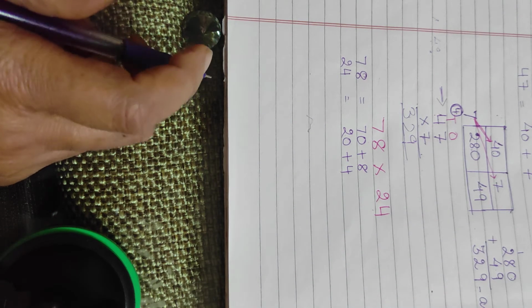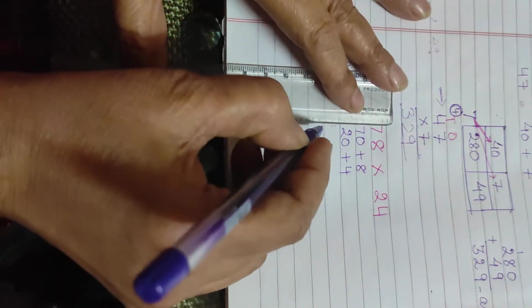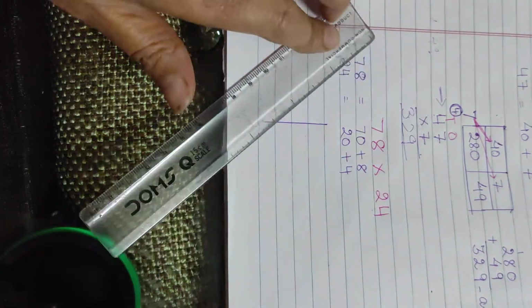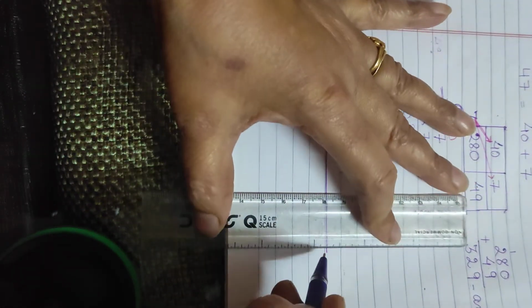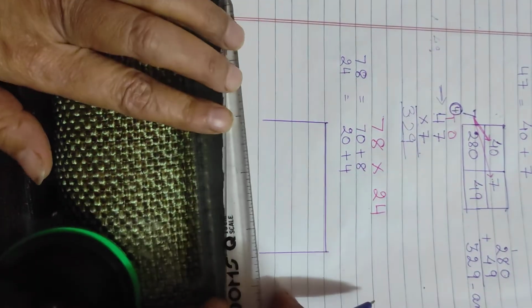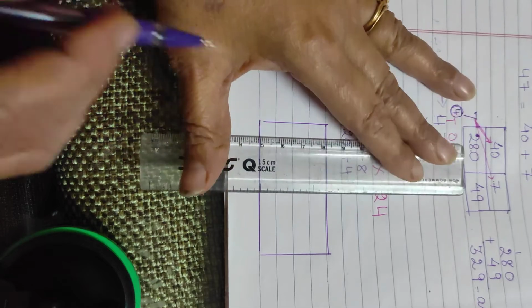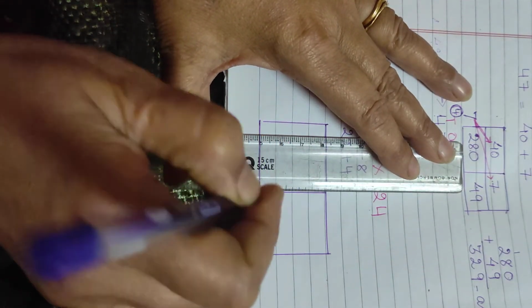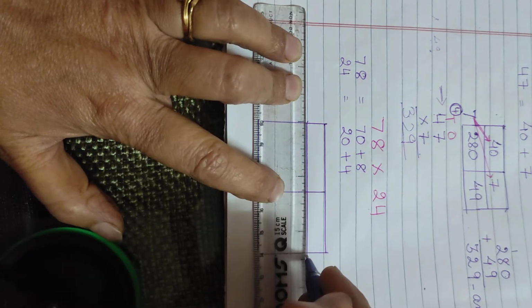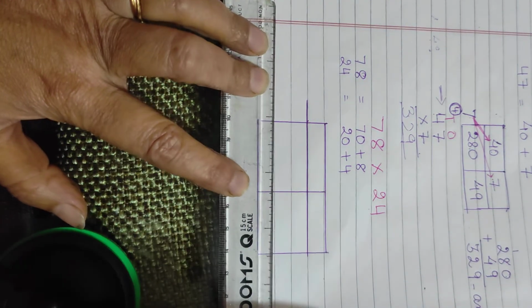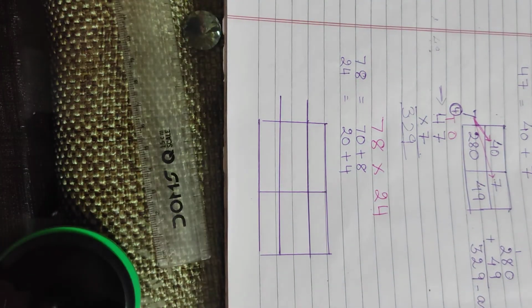Okay, children. Now you have to make the grid, or you have to make the box. Okay, children.